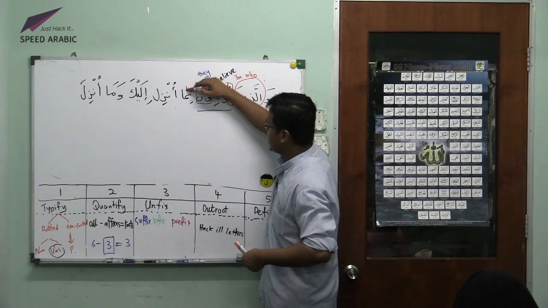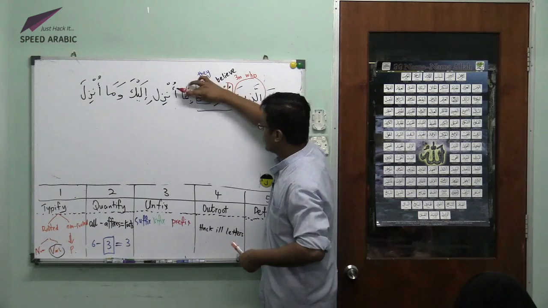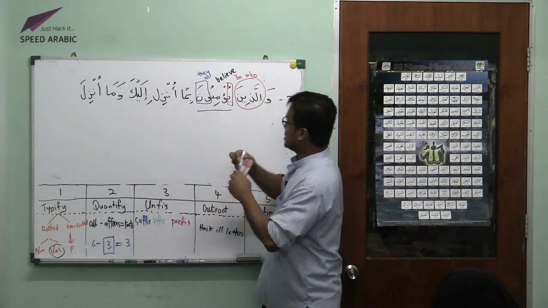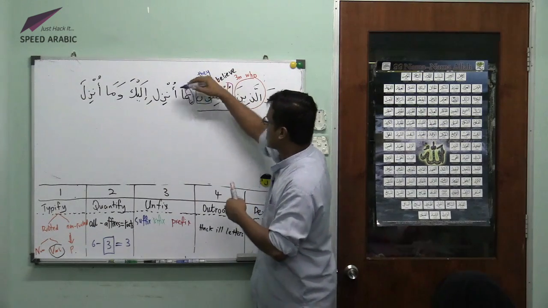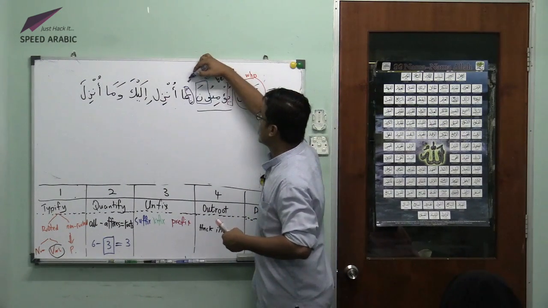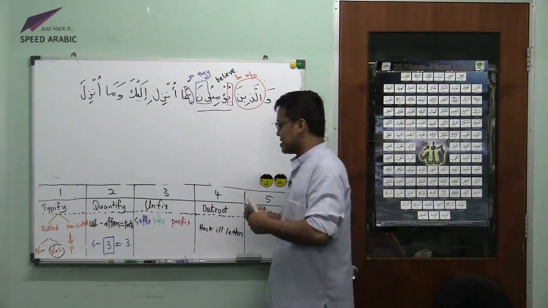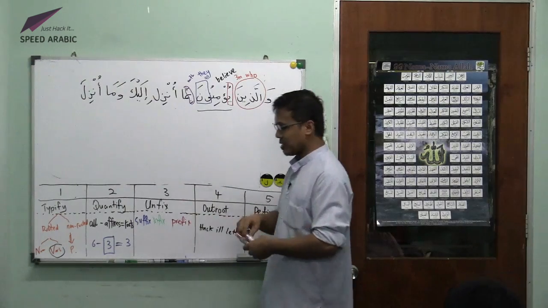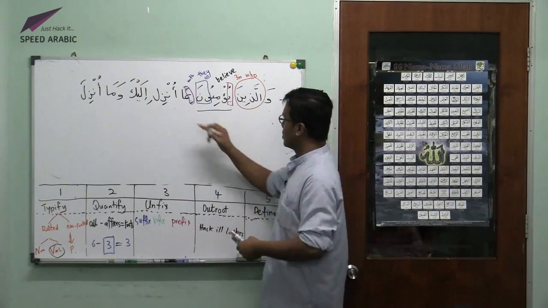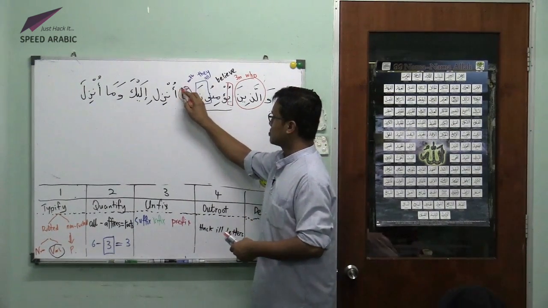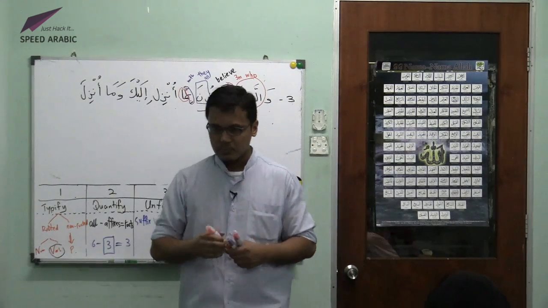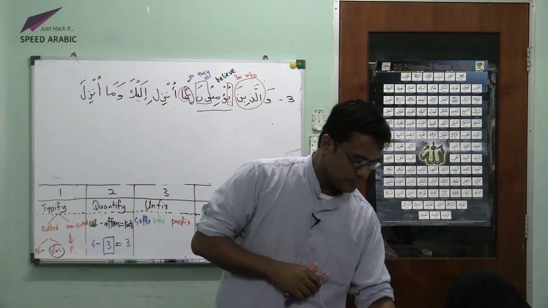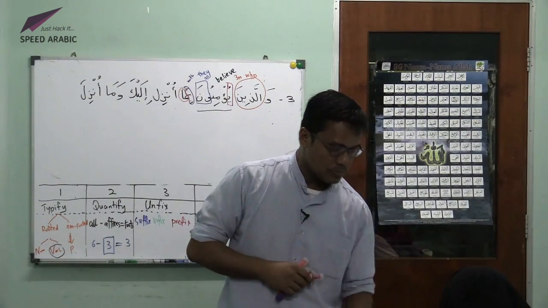So this B means, what color is it? Purple, eh? So this is with, and what is the meaning of ma? What number is the ma? It is the orange ma, okay?